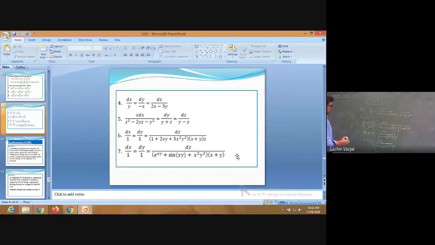Now what we are doing? We will substitute xy as a new variable. So let xy be equal to v. So what we'll get?